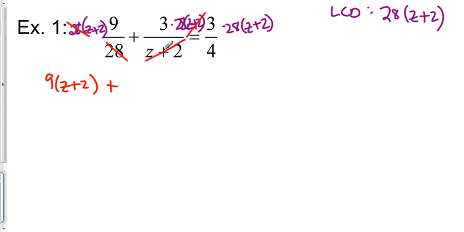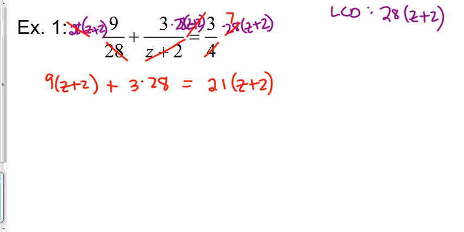That's a common factor, and I'm left with 3 times 28 equals, over here I can cancel out the 4 and the 28. 4 goes into 28 7 times. So now I have 3 times 7, or 21, times z plus 2. So now I've rewritten my equation with no more fractions. That's the trick. That's what you need to do.